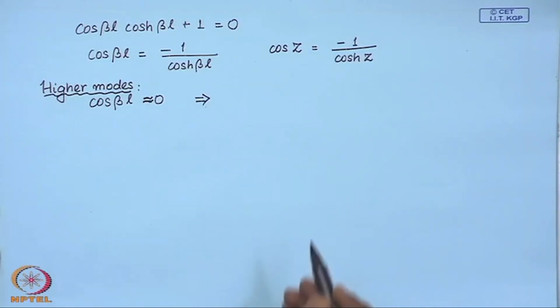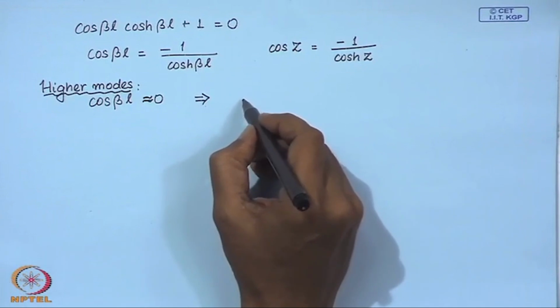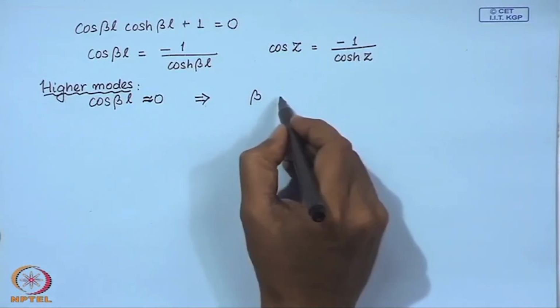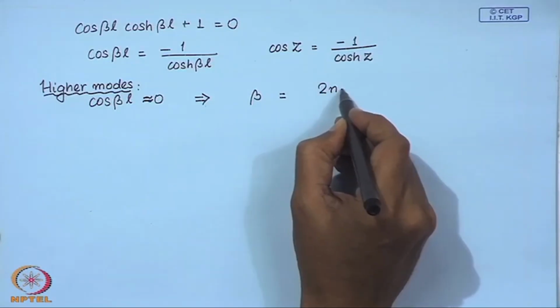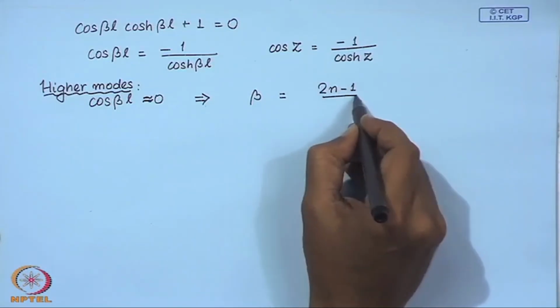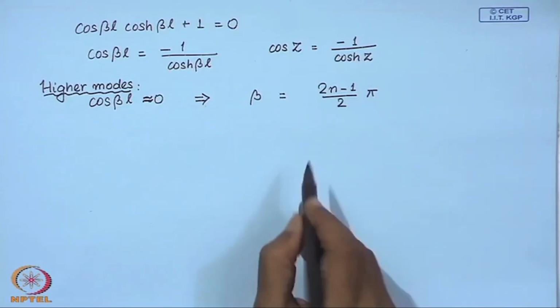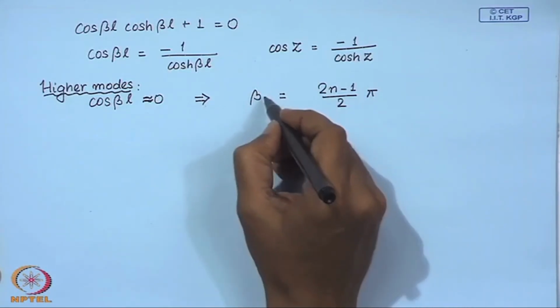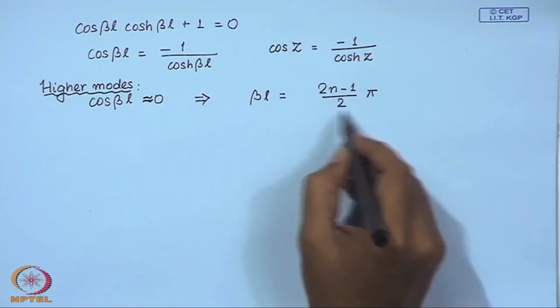Therefore, I can write this beta L as approximately this.